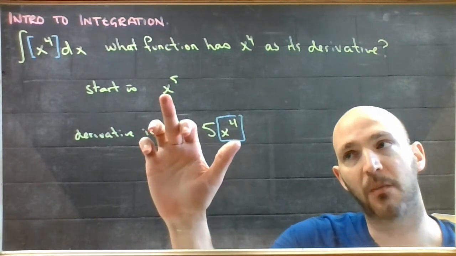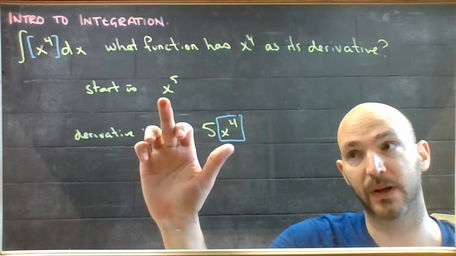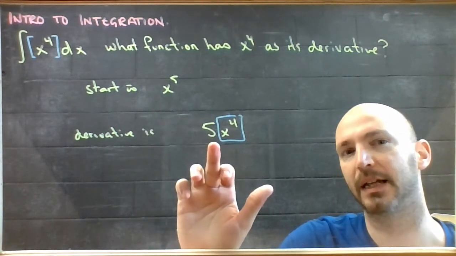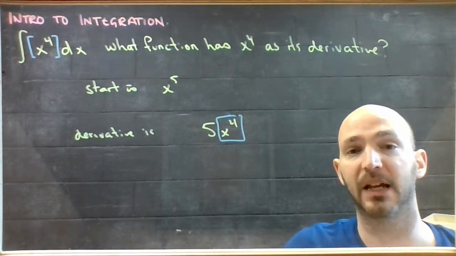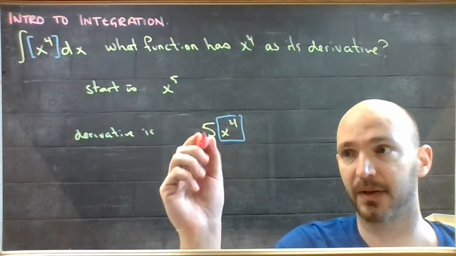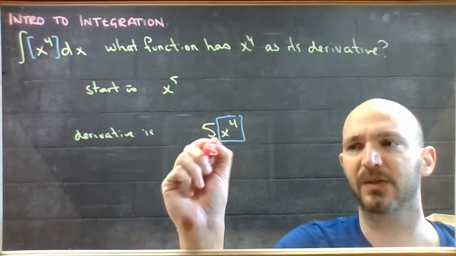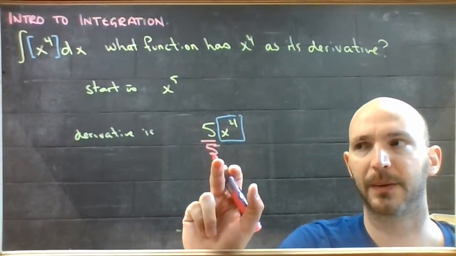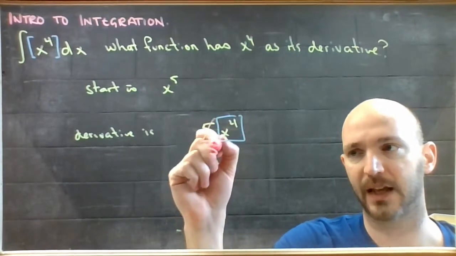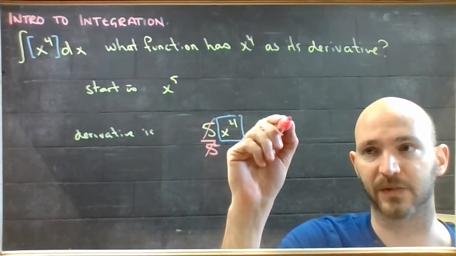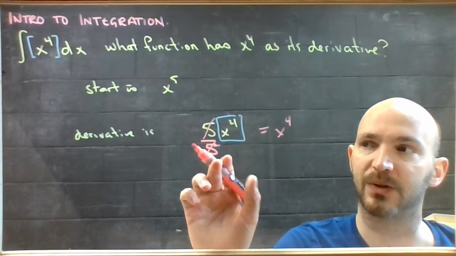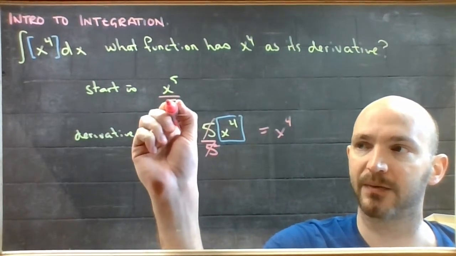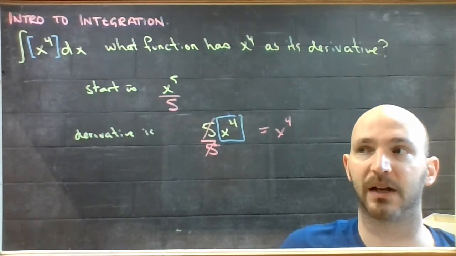So I need to modify this thing I started with in order to eliminate this 5. And the way you eliminate a multiplication by 5 is divide by 5. So if this were here, then I'd have 5 canceling 5, which would leave me with x to the 4, and that's what I'm after. So I need to introduce a division by 5 into my starting point.